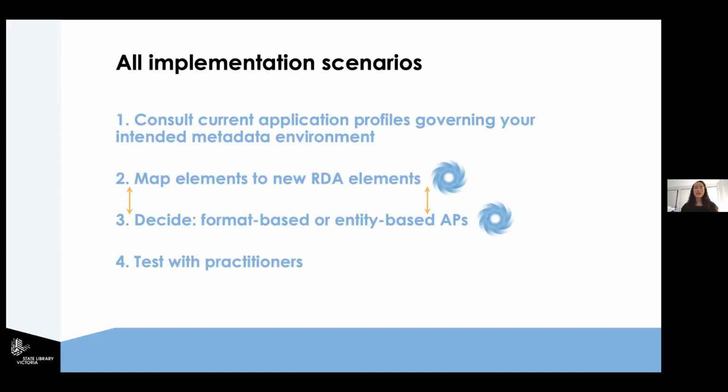And so step 1, just check out what application profiles are out there for your intended metadata environment now. So I'm in a MARC 21, sorry, MARC authority and bibliographic scenario. And I'm in Australia. We contribute to the Australian National Bibliographic Database. So I consulted their minimum data requirements.